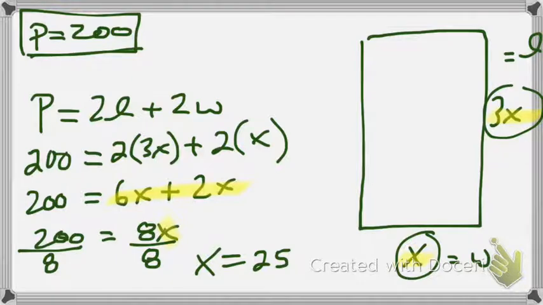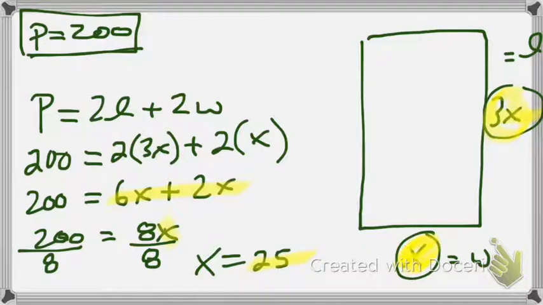Now, the dimensions. How do we find the dimensions? We're going to plug 25 in for x in those two spots.